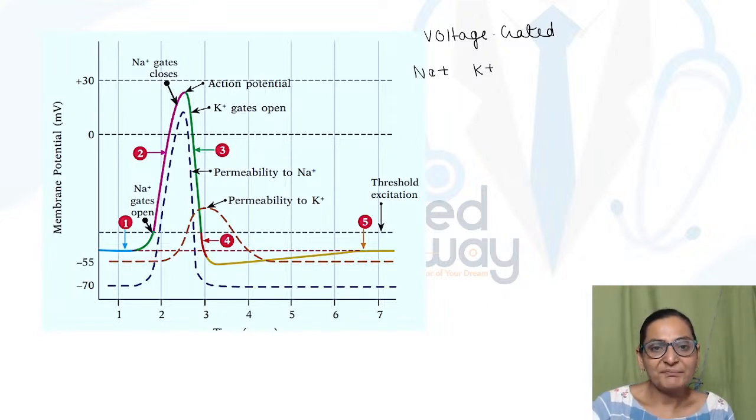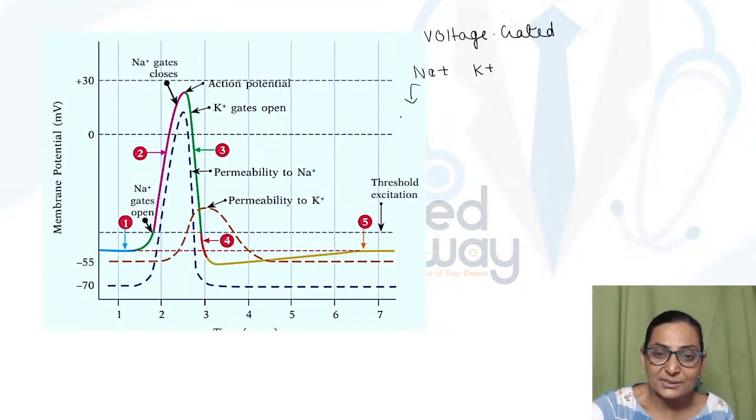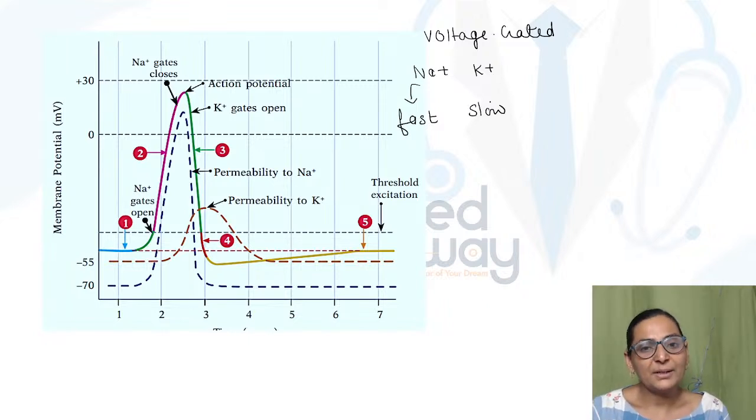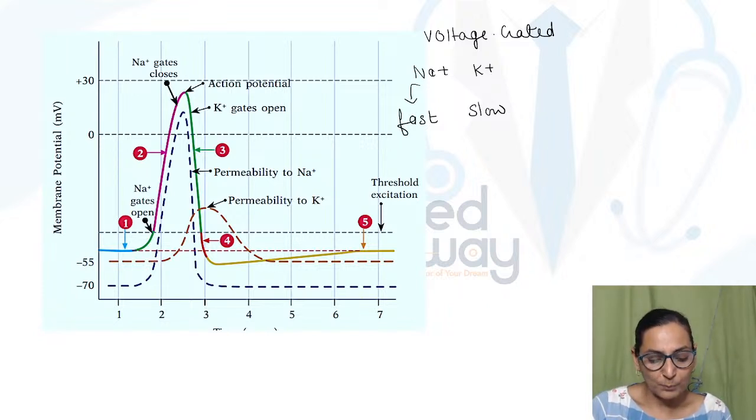The sodium channels are voltage gated channels, but they are very fast to open and fast to close, and the potassium channels are slow to open and slow to close, right?